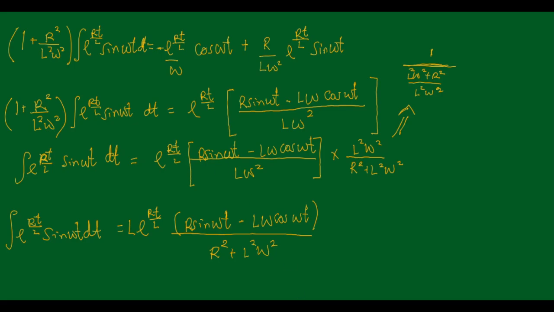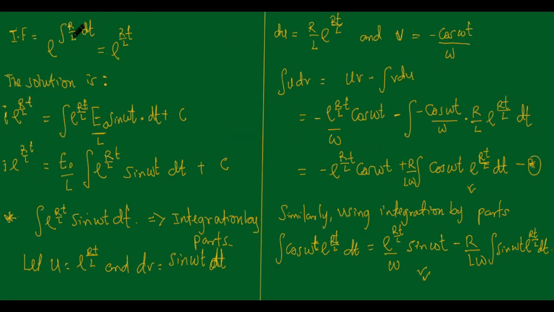Now if we go back to the original solution, we have that I e raised to power Rt over L is equal to E naught divided by L multiplied by this integral we just obtained plus a constant C. It's good to know here that C is a constant because in electric circuits, C can also represent capacitance. So I think we might want to change that to D instead. So let's use small letter d as a constant to avoid any form of confusion.